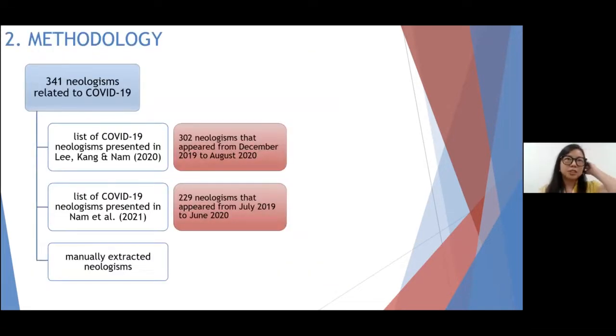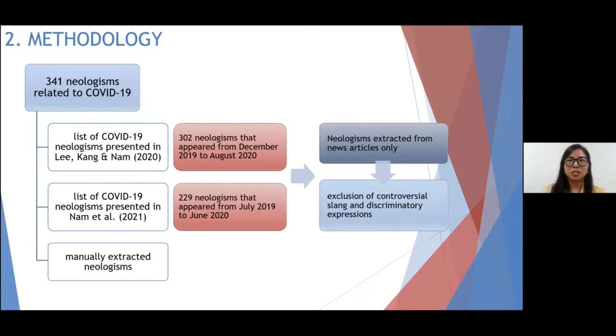So for the methodology, we first compiled a list of 341 neologisms related to COVID-19 based on the two previous studies that you can see here on the screen. These two studies extracted the neologisms from news articles only, which means that the language is somewhat more measured as opposed to the spontaneous language of internet users.